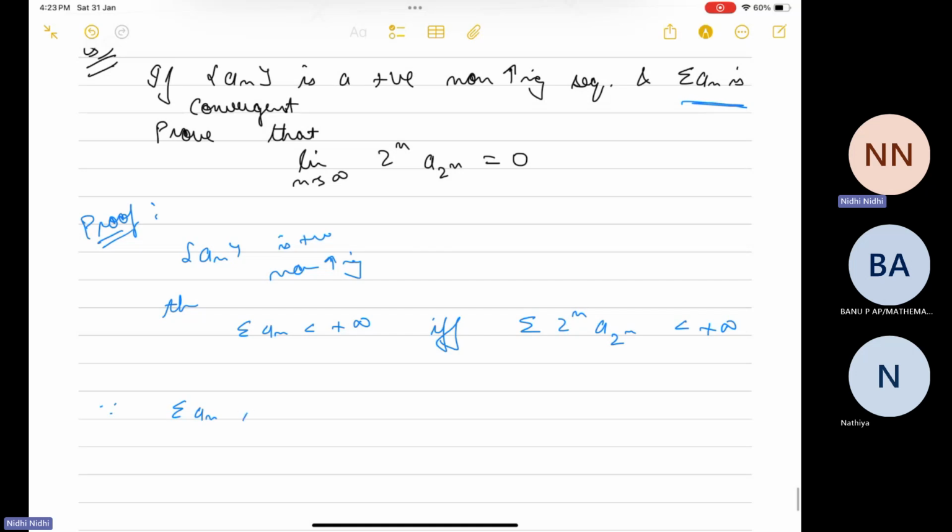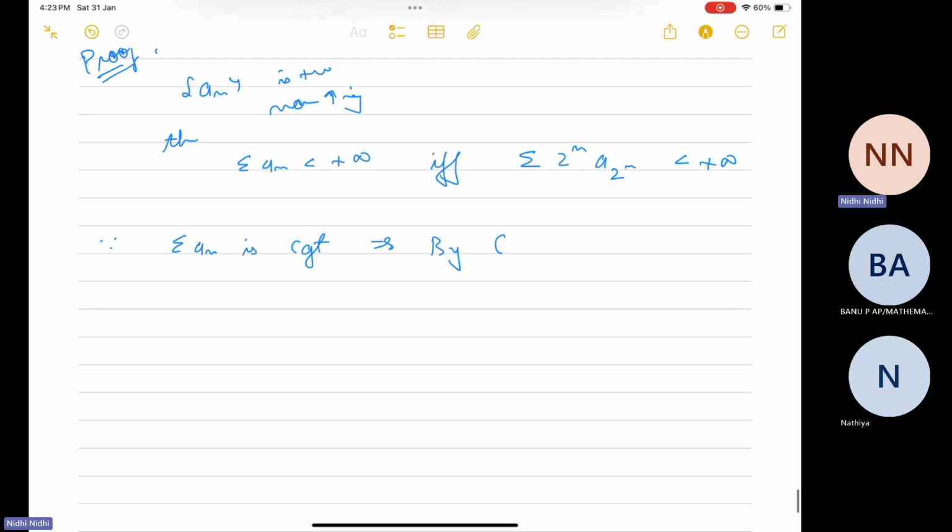Since summation a_n is convergent, that means by Cauchy condensation test, summation 2^n a_(2^n) is convergent.